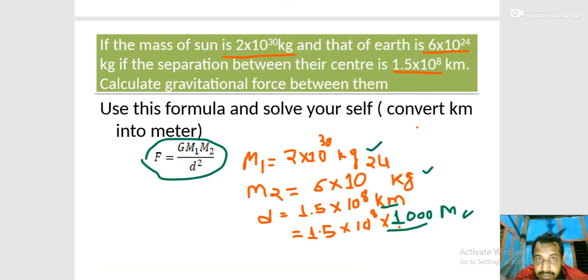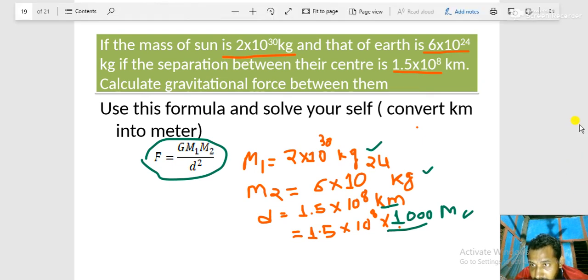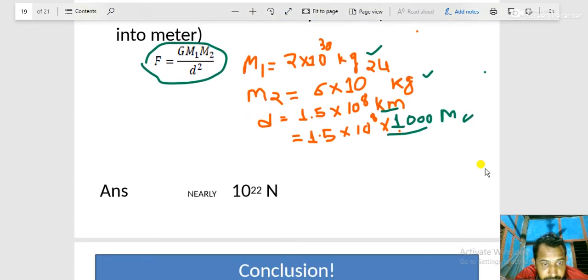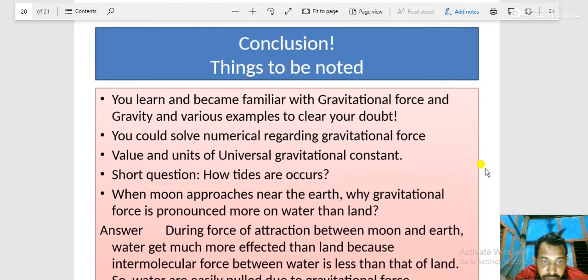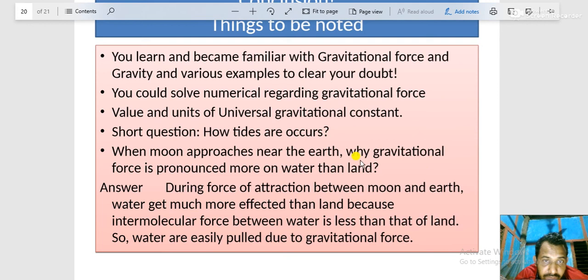Now I think we are at the end of today's class, and let's go down. We have drawn this conclusion to be noted. What we learned, we are familiar with now, gravitational force and gravity.